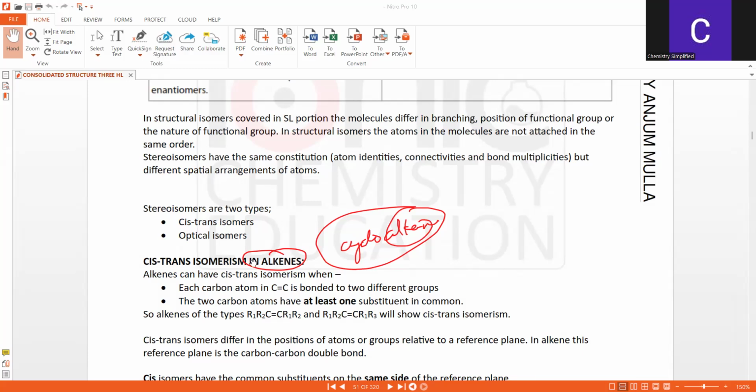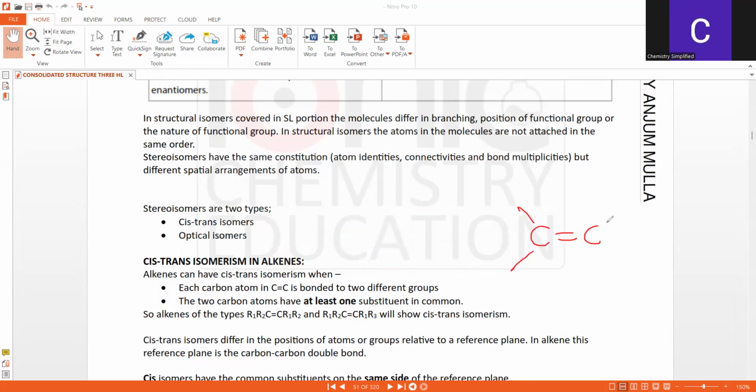So let's talk about cis-trans isomerism in alkenes. Any alkene has a double bond, and more importantly, both the carbon atoms in the double bond will have two more bonds. This carbon atom, apart from the double bond, will have two more bonds here and here, and the same for this carbon atom.